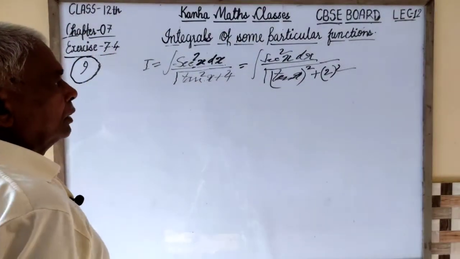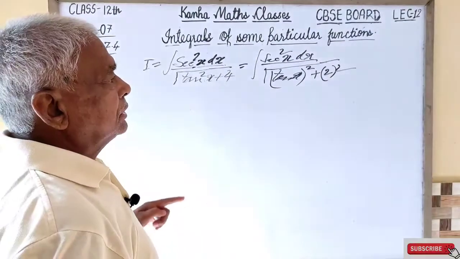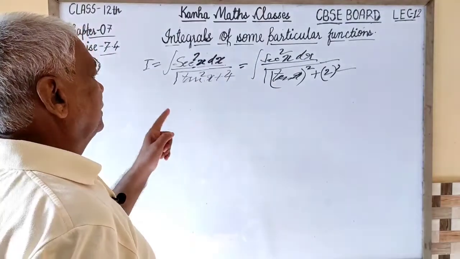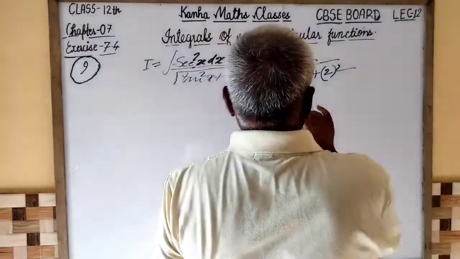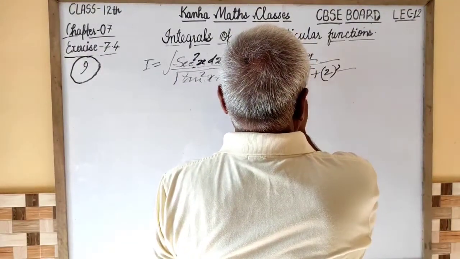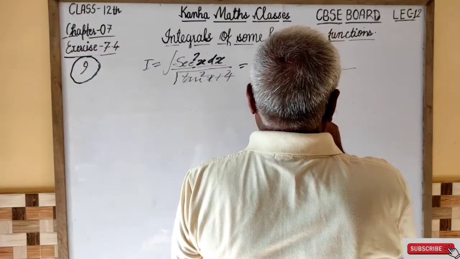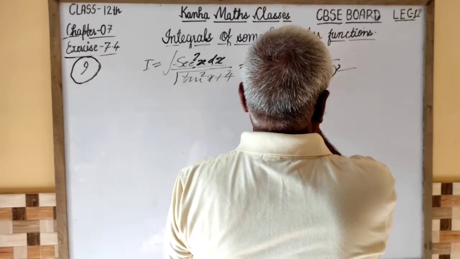Now the basic root of derivation of the very formula, we have taken tan x and substitute tan x is equal to 2t.